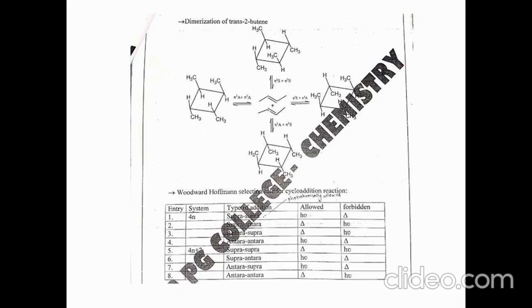Now we go to the Woodward-Hoffmann rule. Remember that for 4n plus 2, pi2s plus pi4s, this is suprafacial with respect to both components, and it is thermally allowed and obviously photochemically forbidden.